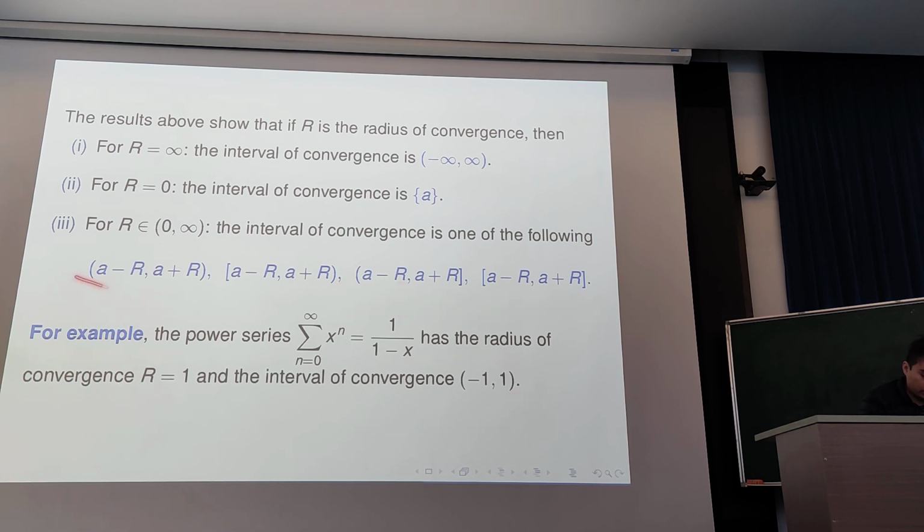That is the reason the interval of convergence might have one of the following forms. We cannot exclude convergence at the endpoints, right? So we will see that later.